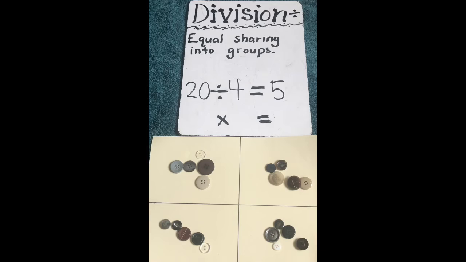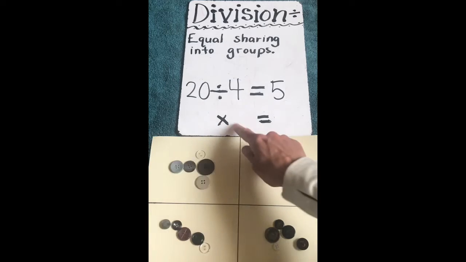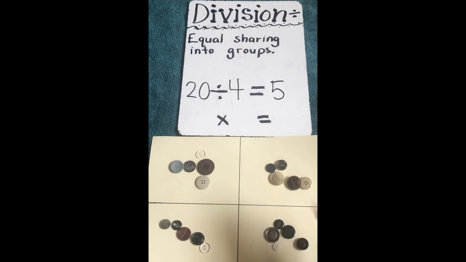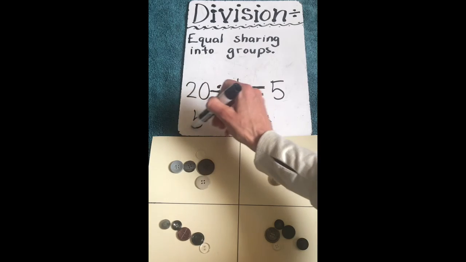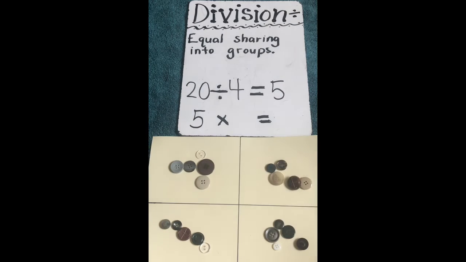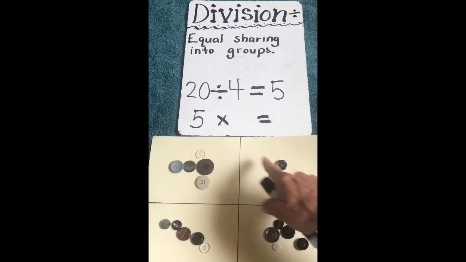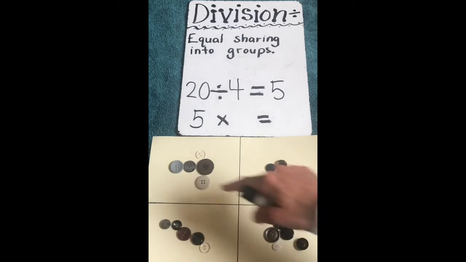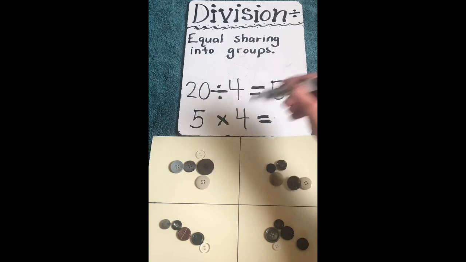All right, now take a minute on your own and write a multiplication sentence using this same format and the buttons. Go ahead and look at that and pause if you need to. All right, so we know that we have 5 buttons in each group, and we're multiplying that 4 times because we have 4 equal groups.